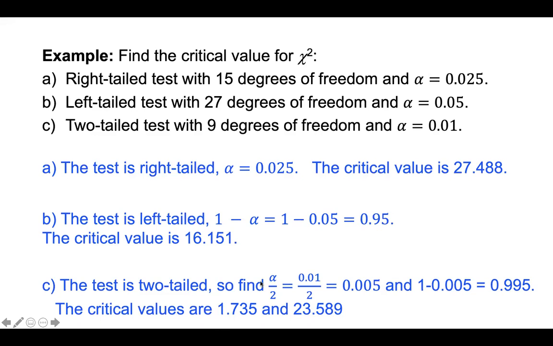We take alpha divided by 2, so 0.01 divided by 2 gives 0.005. The other is 1 minus alpha divided by 2, which is 1 minus 0.005. Then we look up these values in our table.